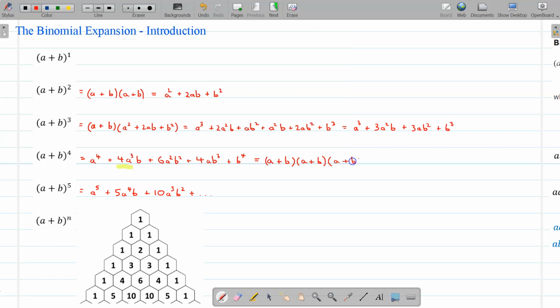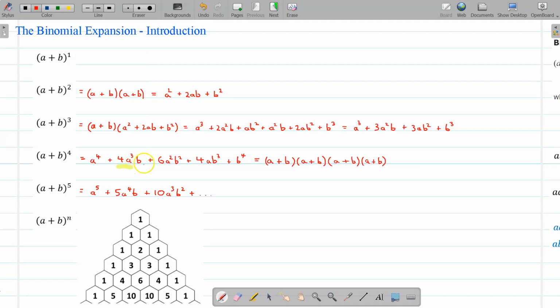Now, if we were to carry out that multiplication of 4 brackets, which we've done in stages, we could look at it this way and say, right, a cubed b can come from multiplying together 3 a's and a b in any order.